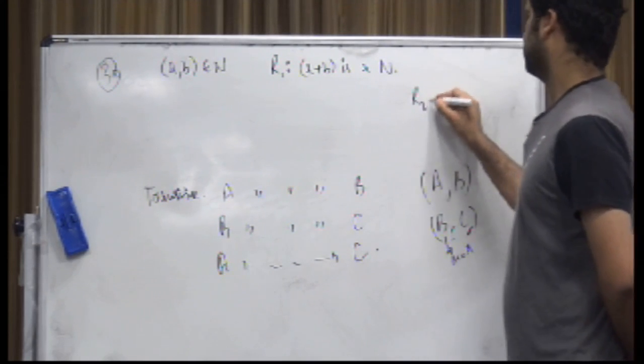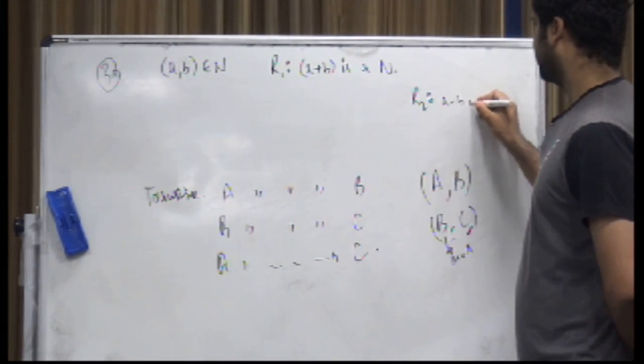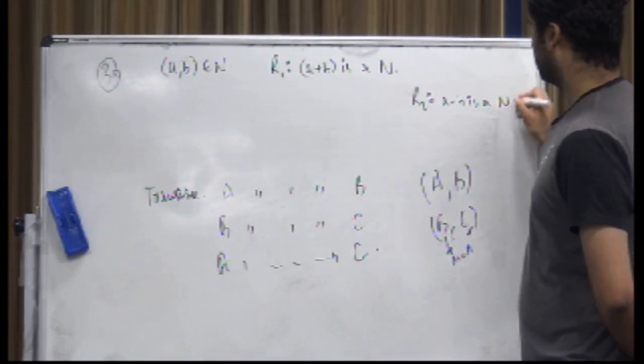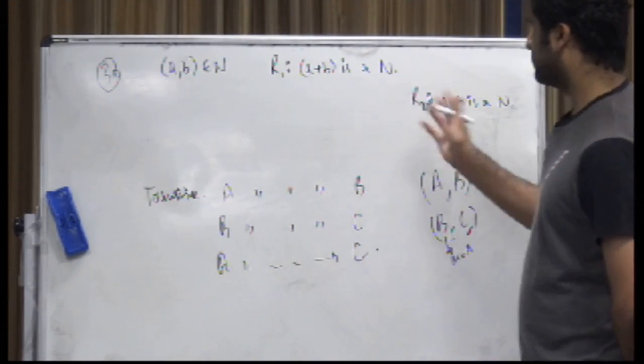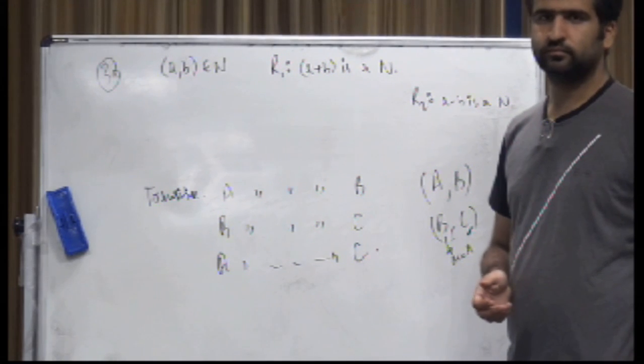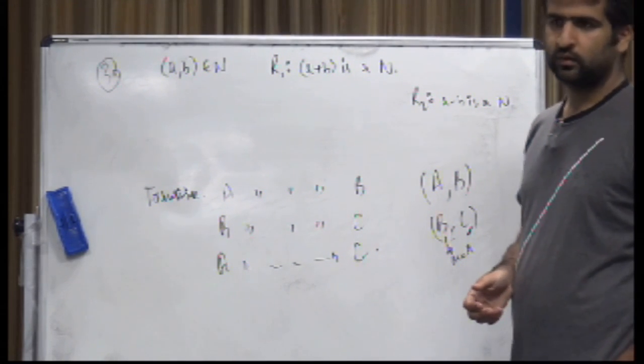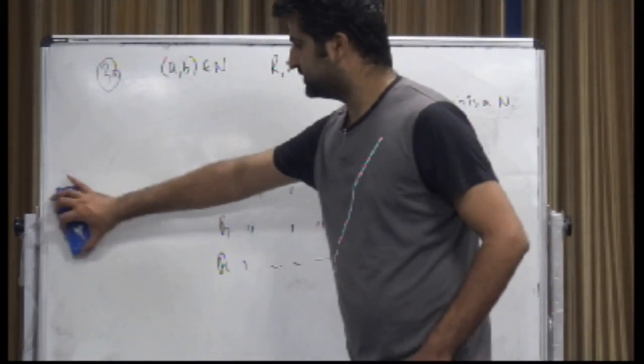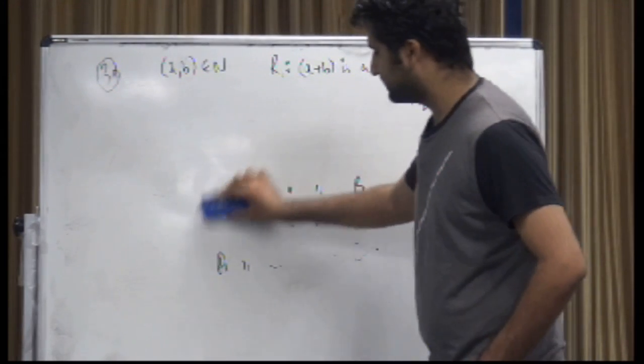And R2 is: A minus B is a natural number. So can you tell me which one is equivalence? Which one is not?